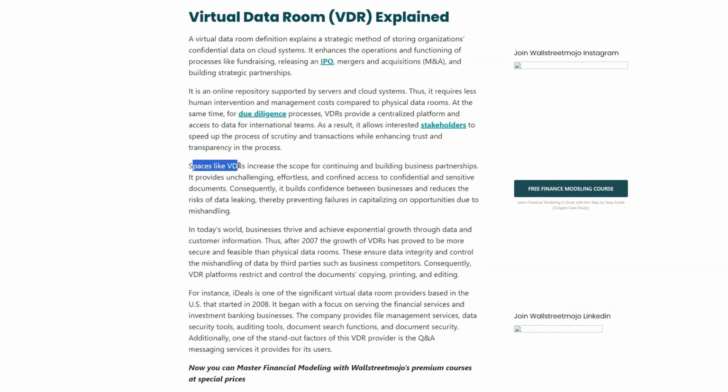Spaces like VDRs increase the scope for continuing and building business partnerships in providers' unchallenging offer lists, and confident access to confidential and sensitive documents.